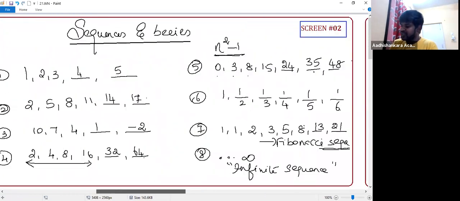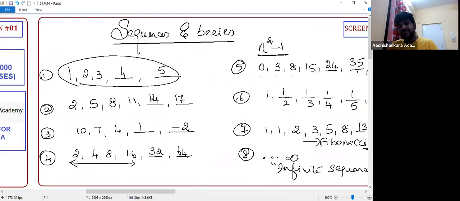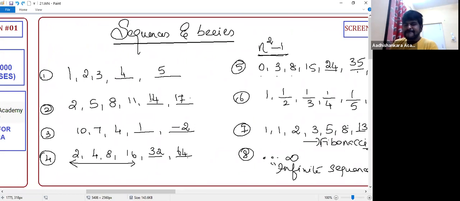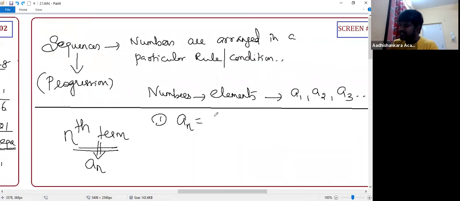Anyone can tell me what is the general term here? Guys, what rule is behind that? You are just putting n equal to 1, n equal to 2, and so on. That's all. Students, please remember, when you are seeing the nth term, I'll tell you how this creates the result. Instead of n, what will you substitute? 1.